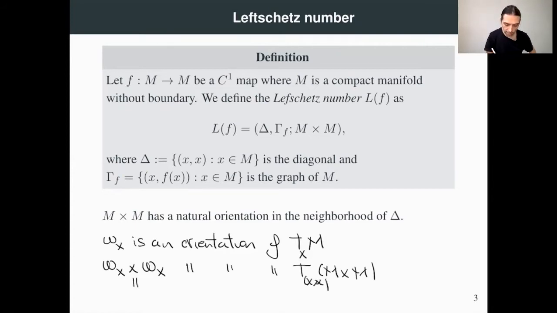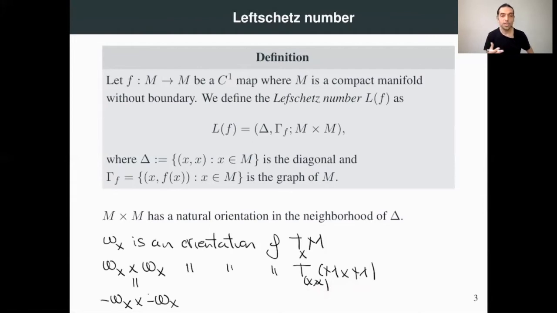If we consider now the opposite orientation, minus omega x, and the product of such an orientation with itself, then we get the same orientation. So in this way, we have an orientation of the restriction of the tangent bundle of M times itself to the diagonal, and indeed we can obtain an orientation defined in a neighborhood of the diagonal.